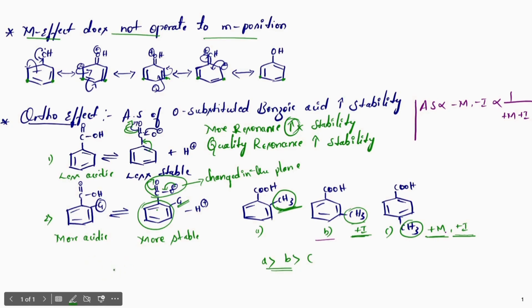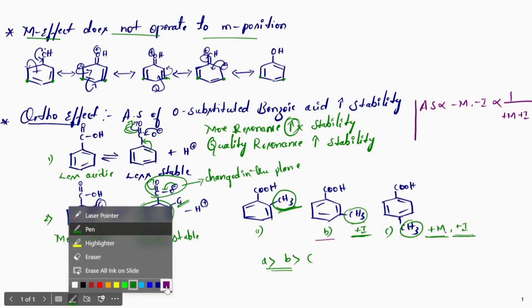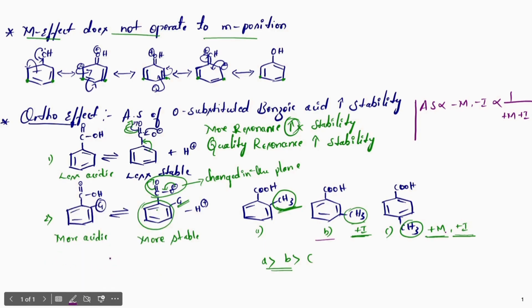And one more thing you have to remember, that here hydrogen, H, D, T, NH2, F, CN minus, etc. These are all not bulky groups.